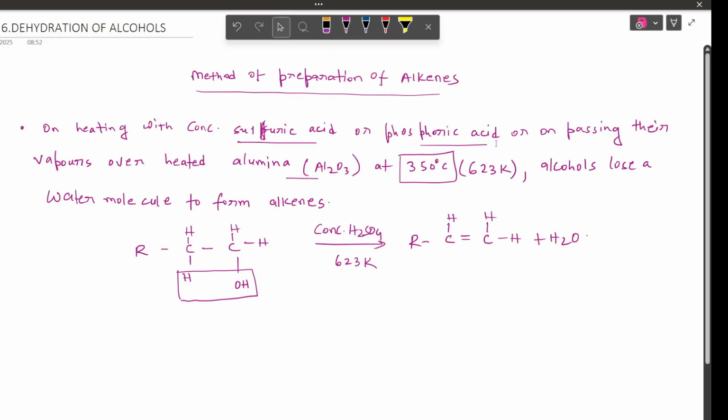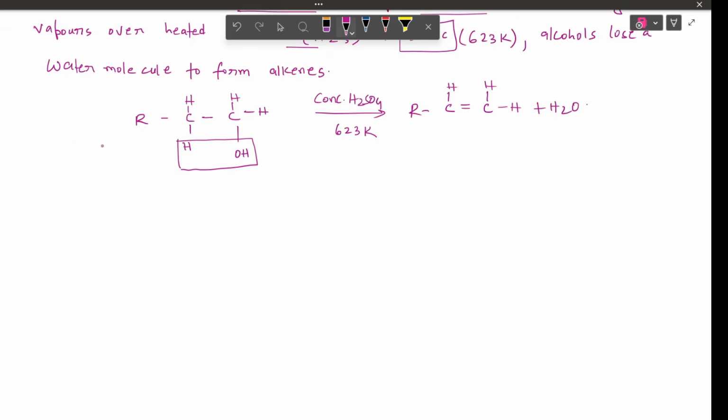If you take an example, let us say in place of R we have CH3. That is, let us say we have ethanol, that is CH3CH2OH. This is our ethanol, and this ethanol will lose a water molecule. So we can write in this format, CH H H and CH2OH.